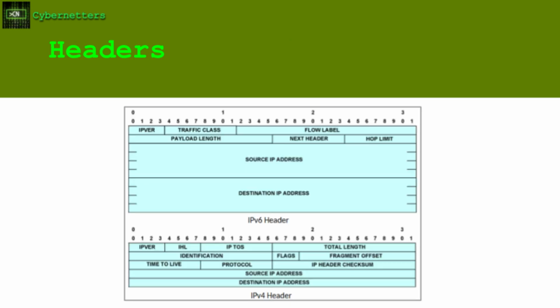So if you think handling 32 bits is a lot, think about handling 128 bits now. As you can see here, this is the IPv6 header. Some things I like to point out is that the header length, ID, flags, fragment offset, checksum, and padding are removed here in the IPv6 header, and it's a fixed length header, which is only 2 times the IPv4 header.